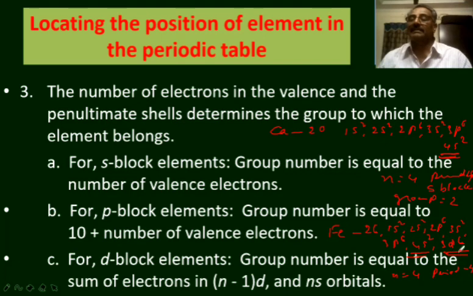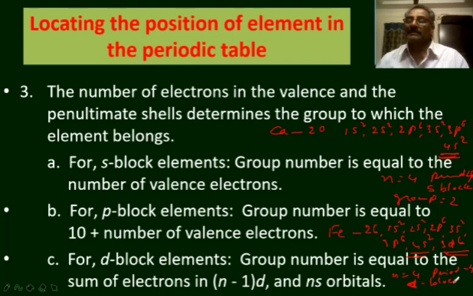Though the differentiating electron is in the third main energy level, the valence shell is the fourth shell. The differentiating electron is in the d orbital, so it is a d block element.